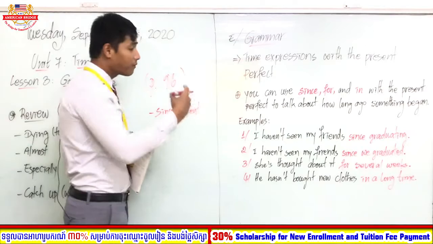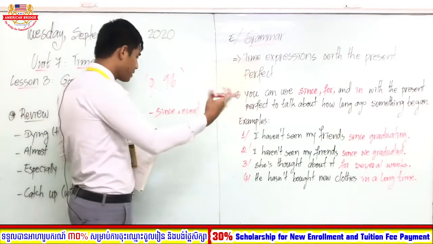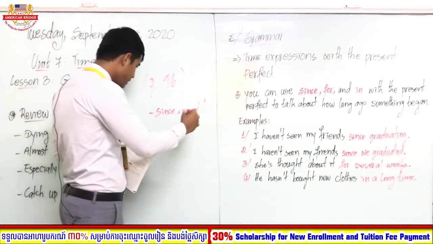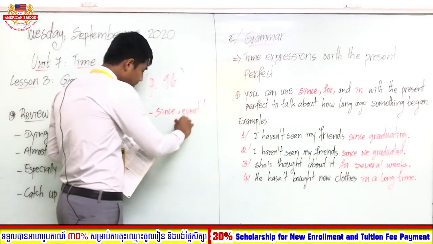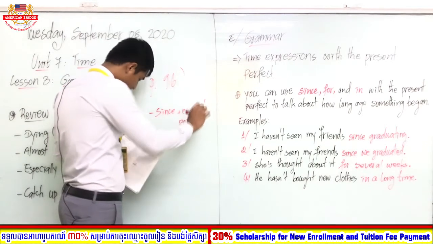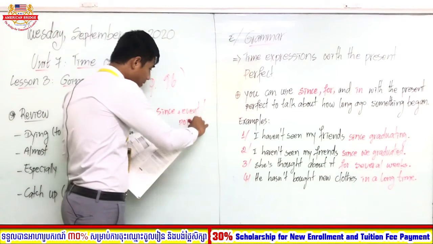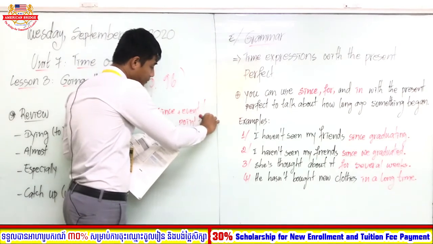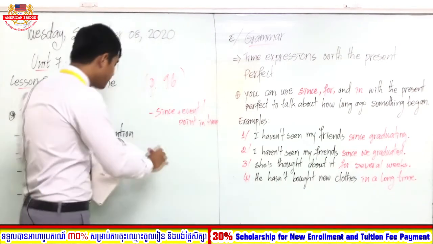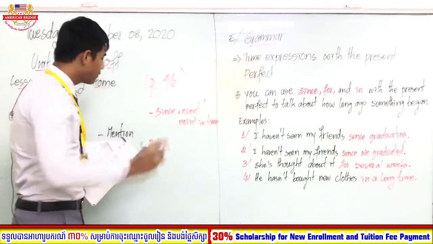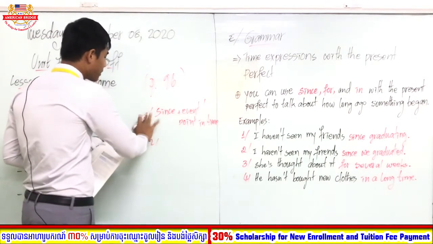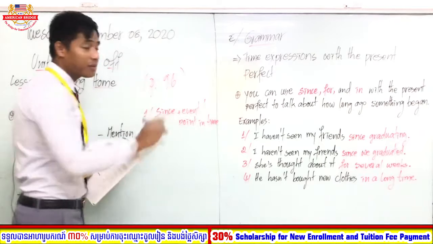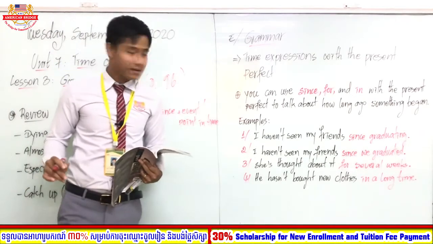Graduating is an event. We use since with an event, and also we use since with points in time. This is the time expression in present perfect.